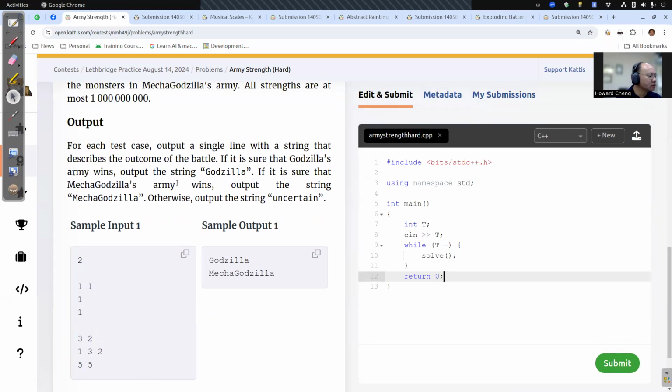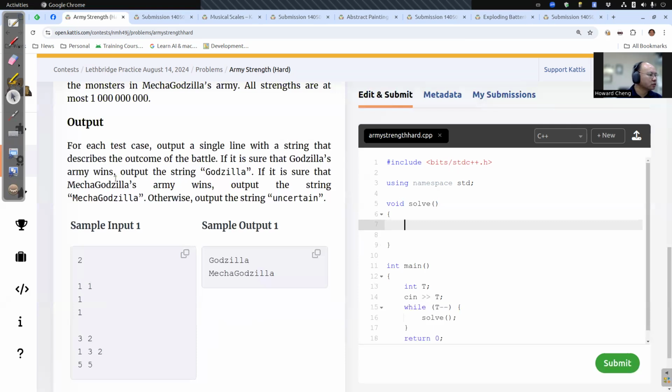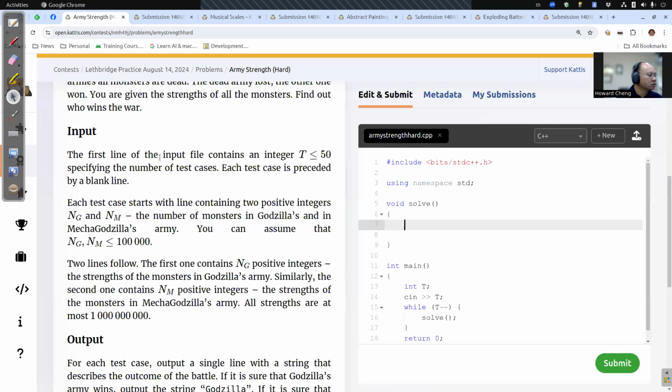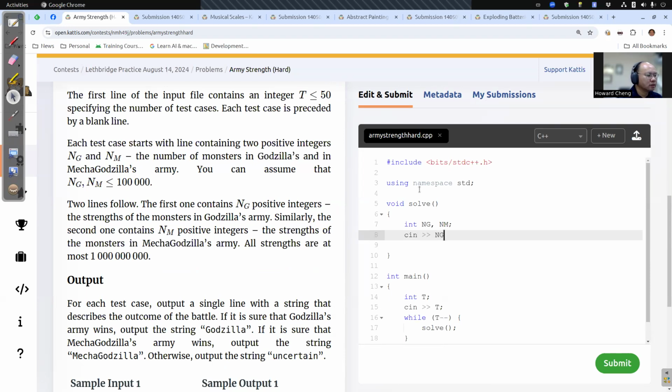They ask for three possible answers: Godzilla, Mecha Godzilla, or uncertain. The uncertain can actually never happen. So, solve. What are the inputs? The inputs are NG and NM, the sizes of the two armies.